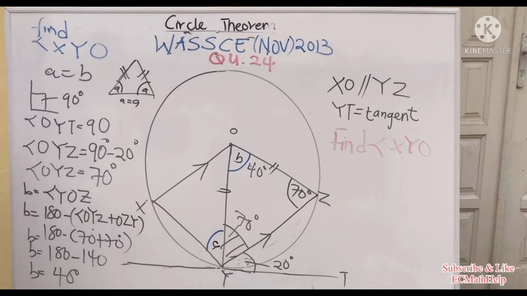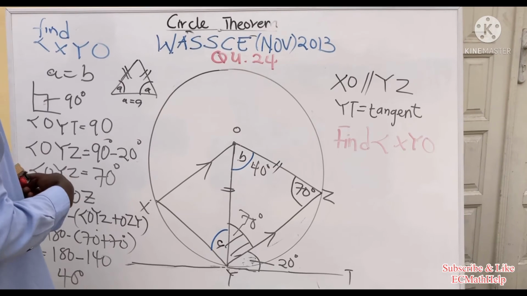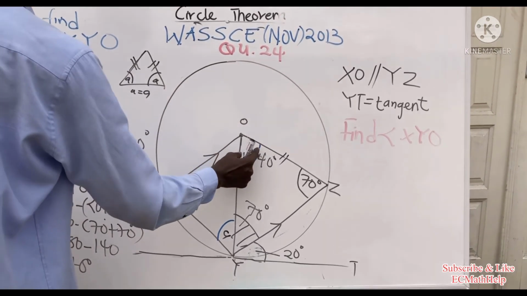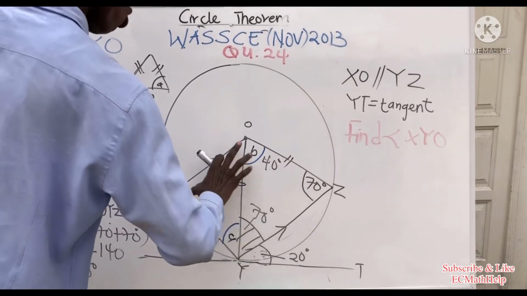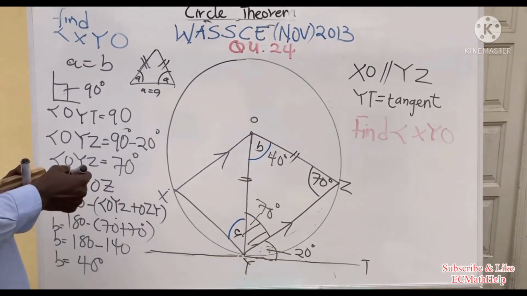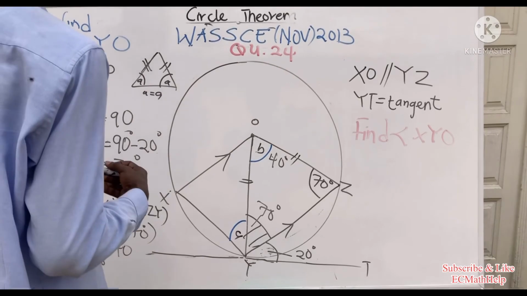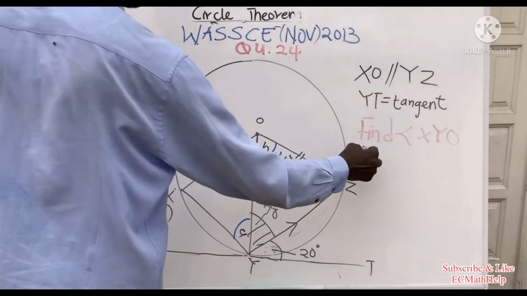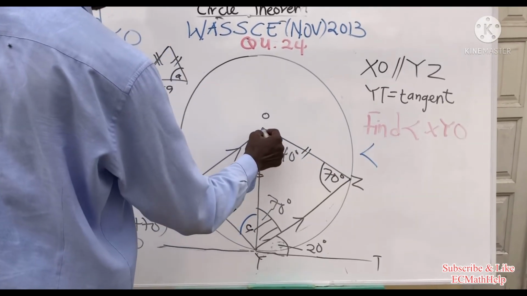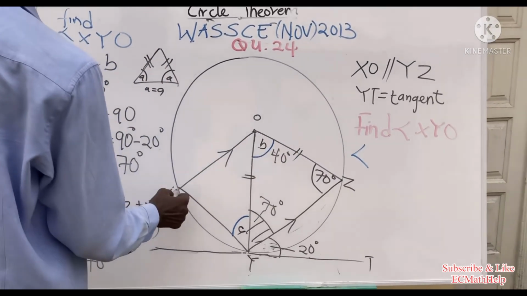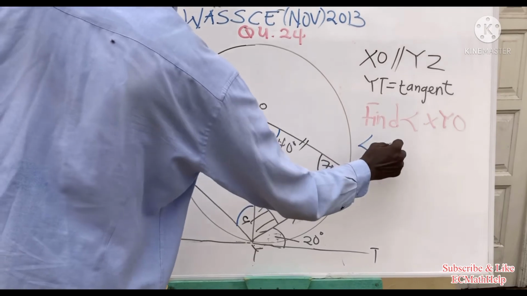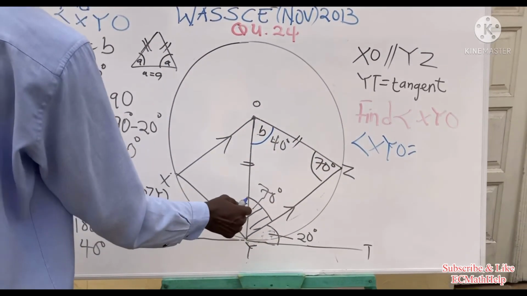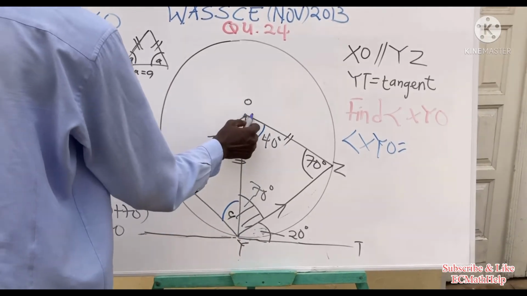And we have learned from property 5 that angles subtended by equal chords are always equal. Therefore, in the question, angle XYO is equal to angle YOZ.